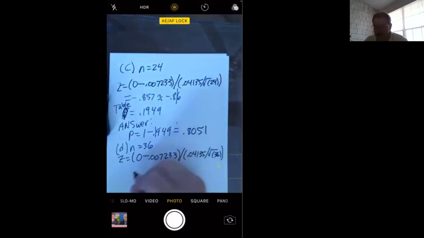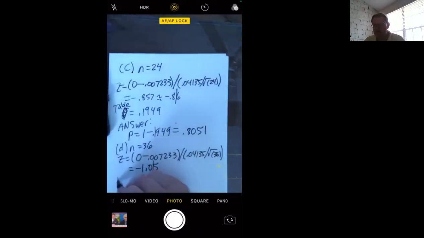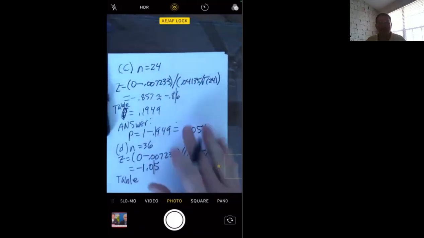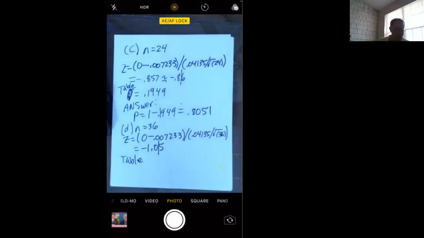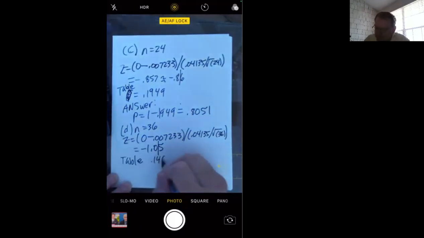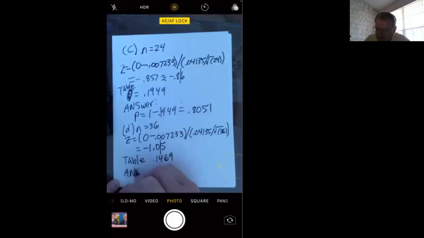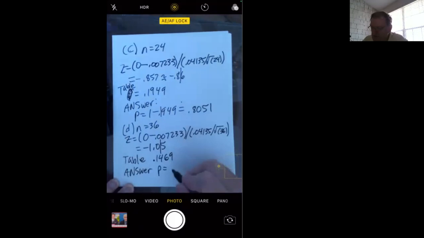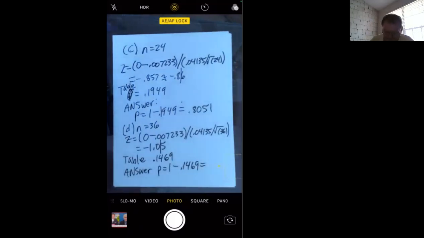Negative 1.05, split off the 5, and the table says 0.1469. So your answer, probability equals 1 minus 0.1469, which is 0.8531.